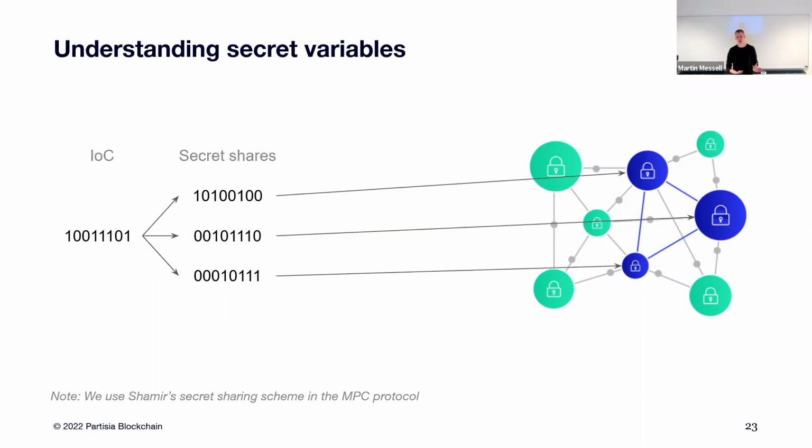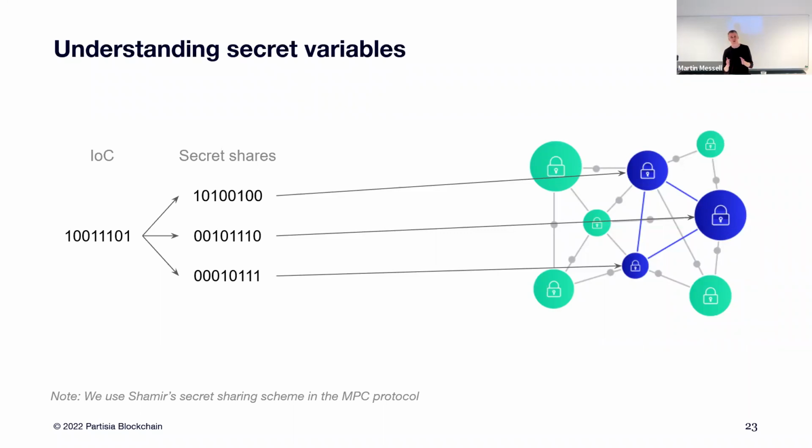And then you send each share to a computation node. So one of the computation nodes performing the actual MPC will only know one of these, so it will know no information about the input IOC, but the protocols will be able to compute using these secret shares.